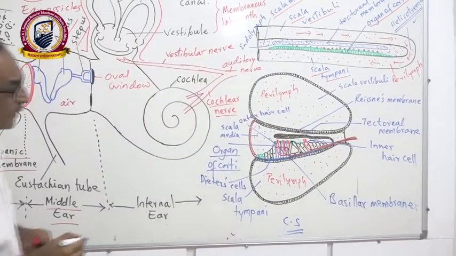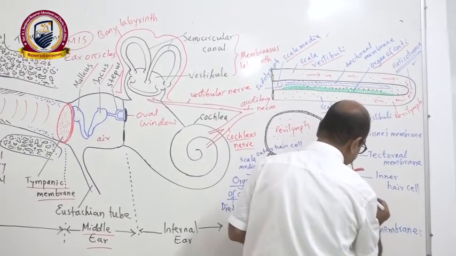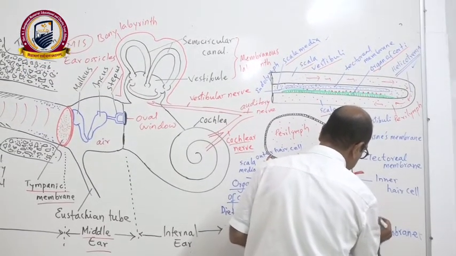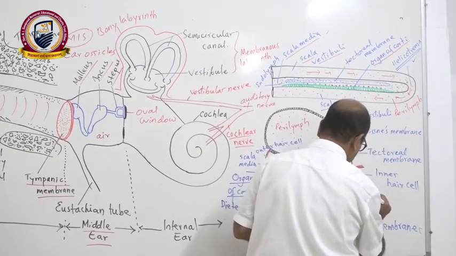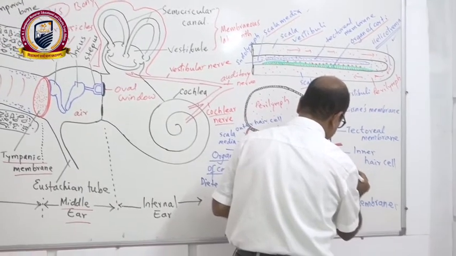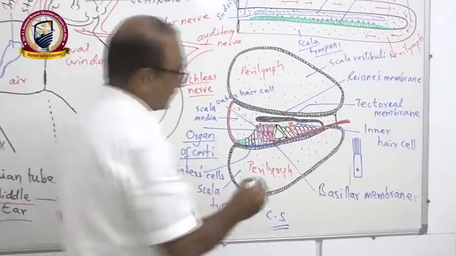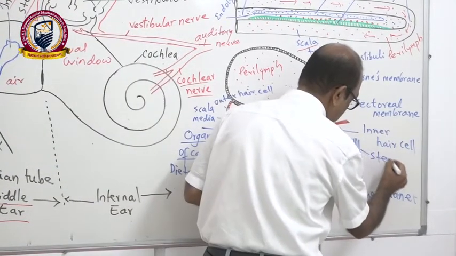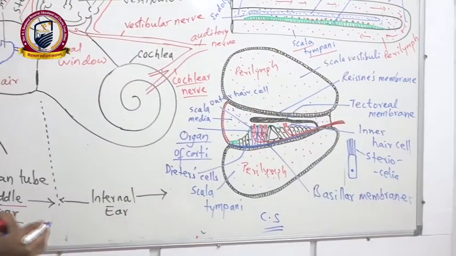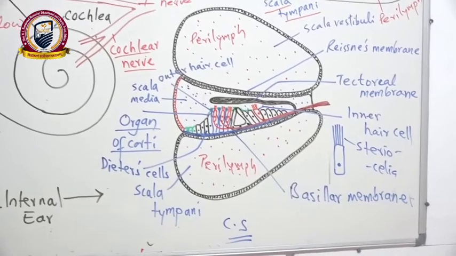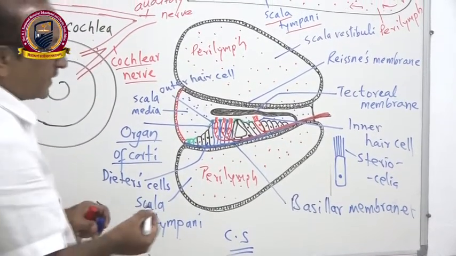We call them hair cells because they have stereocilia. Stereocilia, that is the cilia which are static, not waving, not moving. So these are the stereocilia, and such a kind of sensory cell is called the phonoreceptor or hair cell.